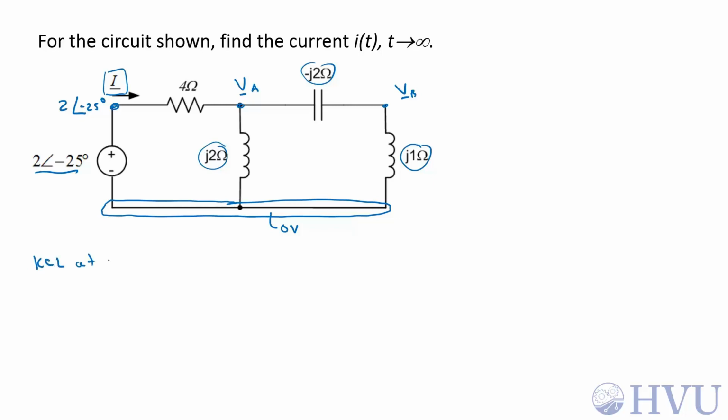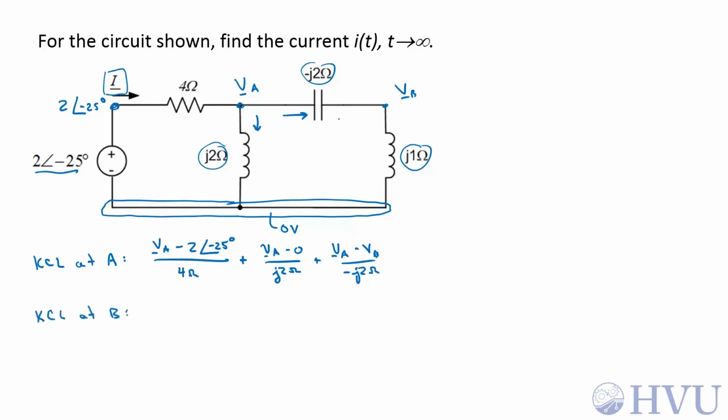So KCL at A, VA as a phasor, minus 2 at an angle of minus 25 degrees over 4 ohms, plus the current through this element is going to be VA minus 0 over J2 ohms, plus the current through the capacitor is going to be VA minus VB over negative J2 ohms.